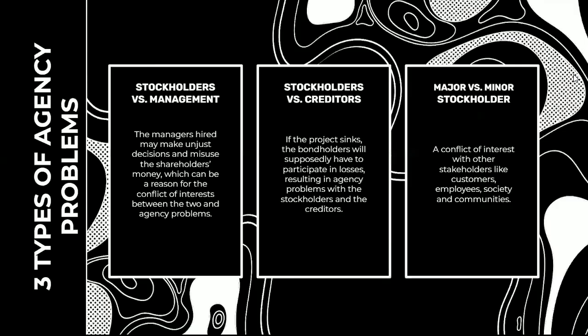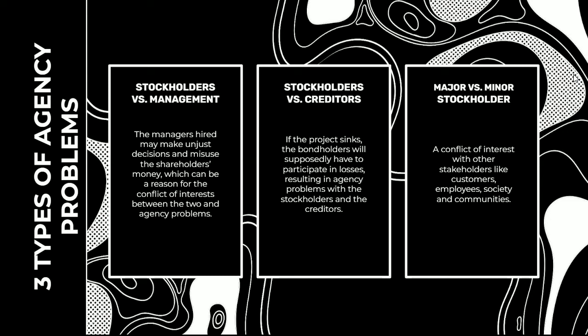There are three types of agency problems: One, stockholders versus management. The managers may make unjust decisions and misuse the shareholders' money, which can be a reason for the conflict between the two. Two, stockholders versus creditors.